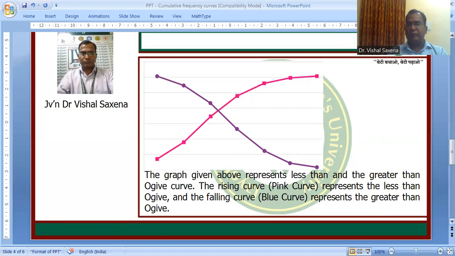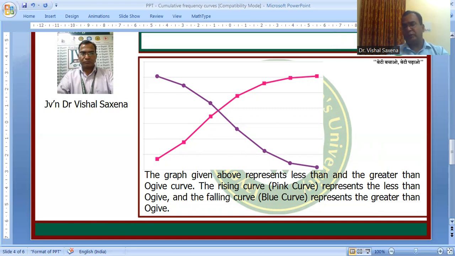The rising curve, shown in pink color, represents the less than ogive curve, while the falling curve, coming downwards in blue color, represents the more than or greater than ogive curve. So these are the two curves.